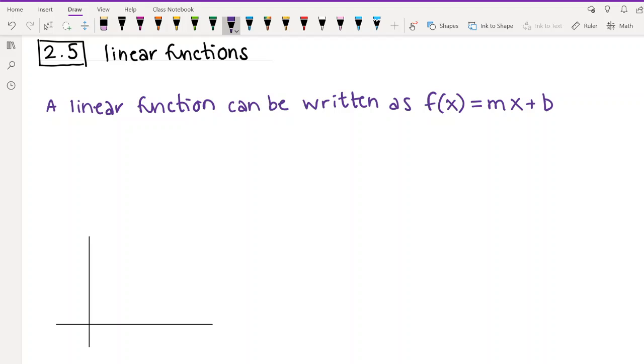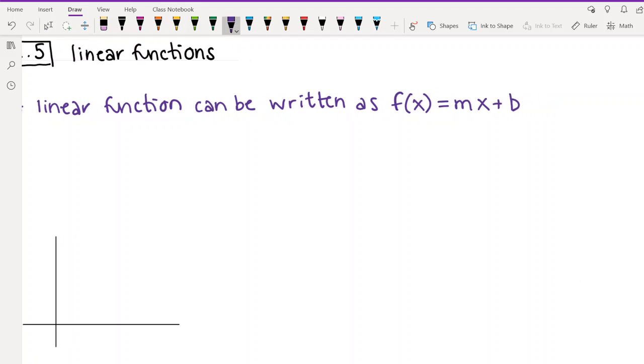So what do these different components of this equation mean? Well, the m, this number here, tells you the slope of the line, the linear function. It's called a linear function because its graph is a line. We'll talk about exactly what slope means in a moment, but this number m is going to refer to the slope of that line.